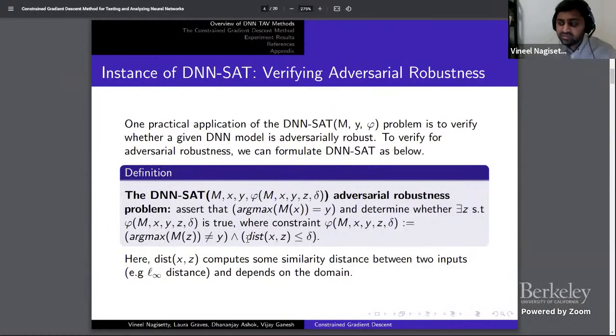Now, this distance function can depend on the type of domain. For example, in the case of vision, we often use L infinity distance or L2 distance, and in the case of natural language, you would use something like cosine distance or edit distance.